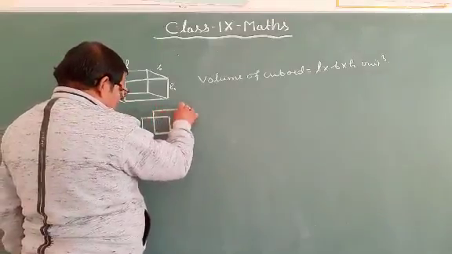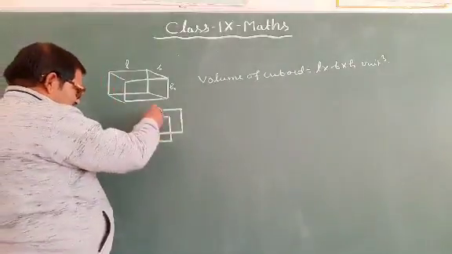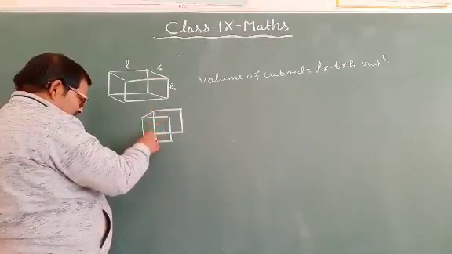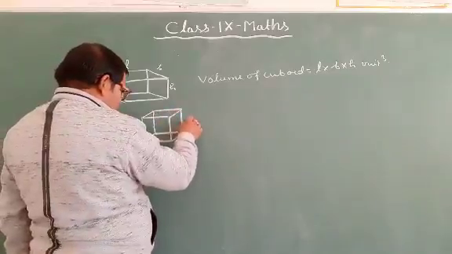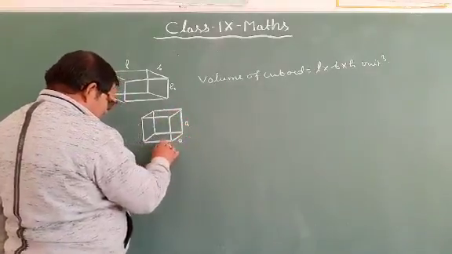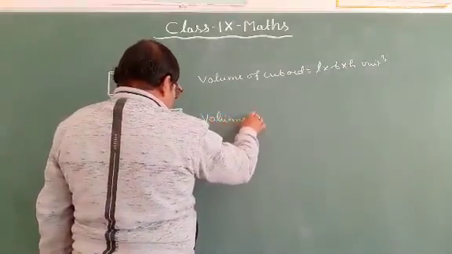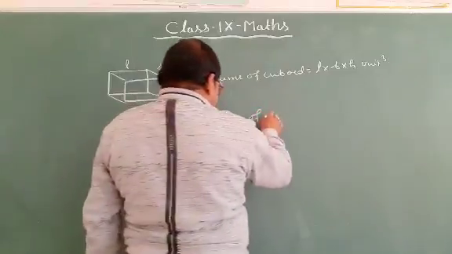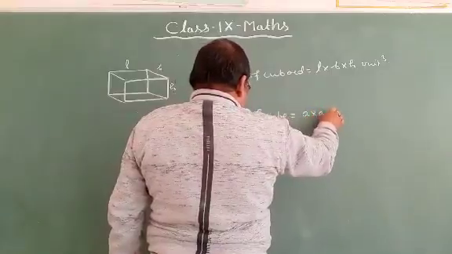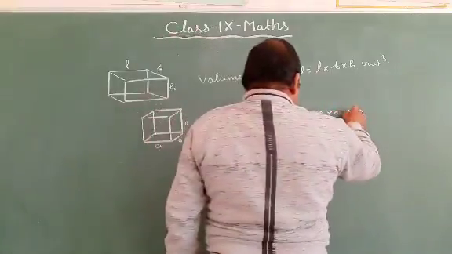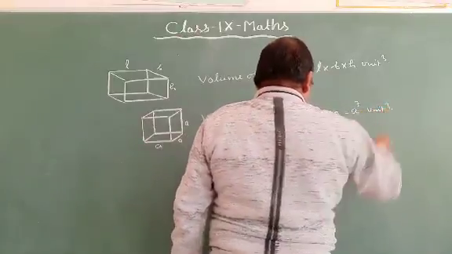Then the length, breadth and height are all equal, say a. So the volume of a cube is equal to a into a into a, that is a cube unit cube.